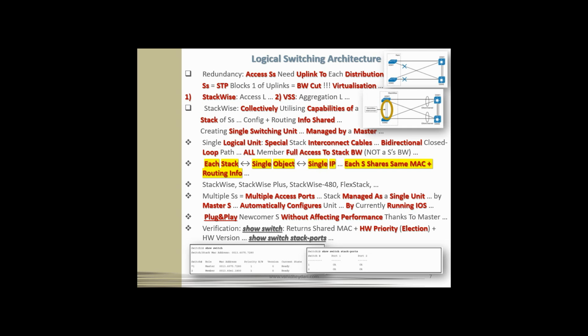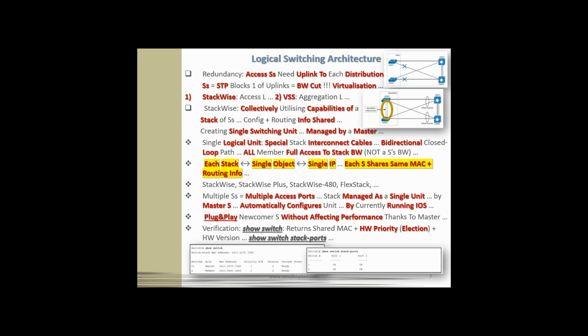With Catalyst 3850 series, we also have something called Stackwise 480. If the switch supports this one, then we have improved 480 gigabit per second stacking. With Catalyst 2960S series, we can support Flex Stack. Flex Stack is a Stackwise-based feature tailored for layer 2 switches.